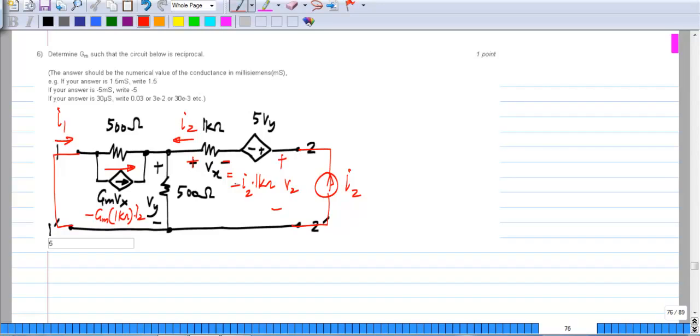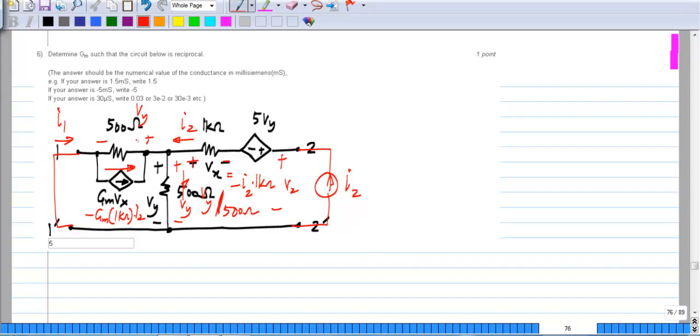Now the voltage here, let me call this Vy as is denoted there. We have a number of relationships. This current here is Vy divided by 500 ohms. And similarly, the voltage here is also Vy because of the short circuit on the first port.